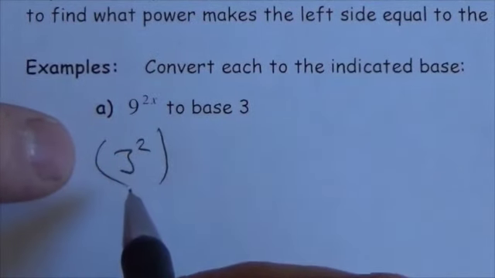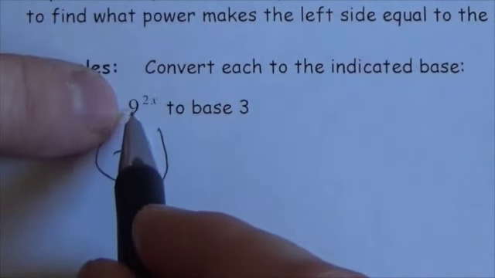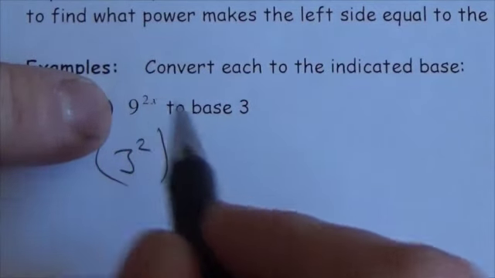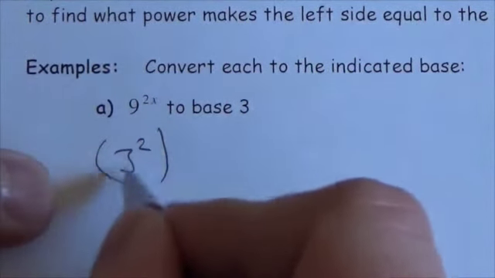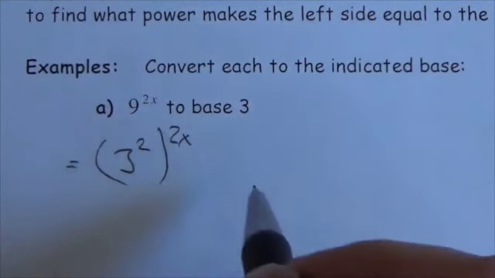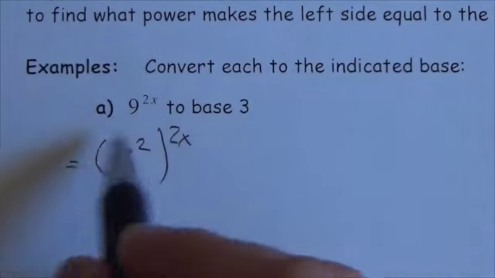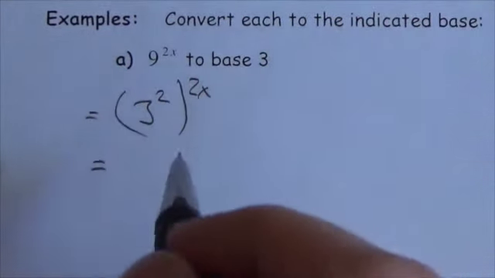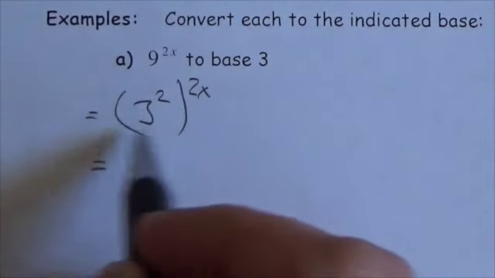So this is going to take the place of a 9. Now in this expression, what I'm doing is raising 9 to the power of 2x. So 9 to the 2x is now equal to 3 squared, all to the 2x. I really haven't done anything, except now I've got a power of a power.